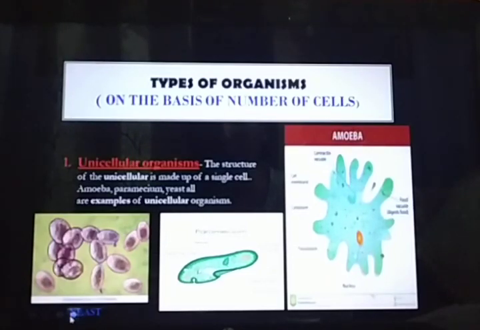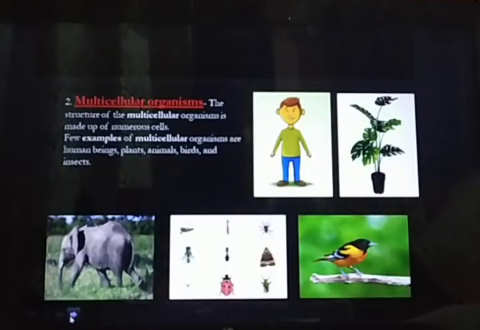And multicellular organisms, we know about them because we are one of the multicellular organisms. Multicellular organisms are those that are made up of numerous cells. Human beings, plants, birds, insects, animals, these all come under multicellular organisms.